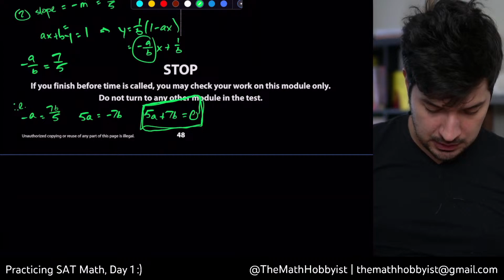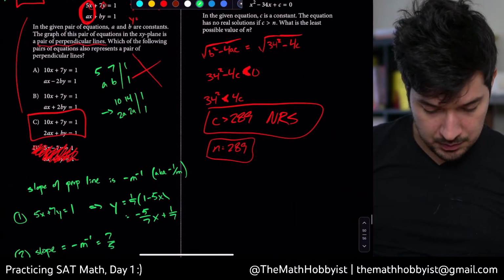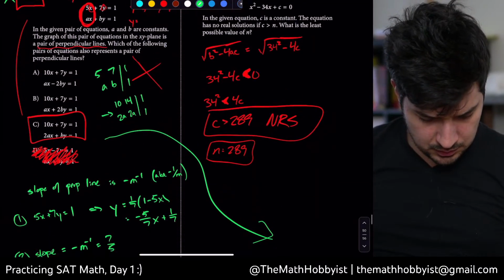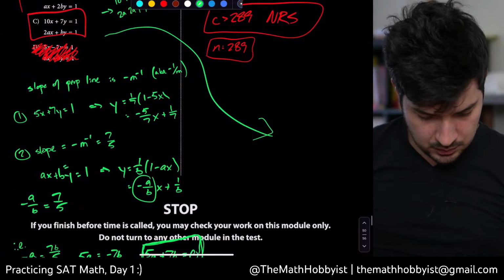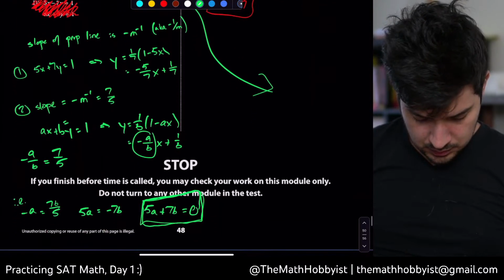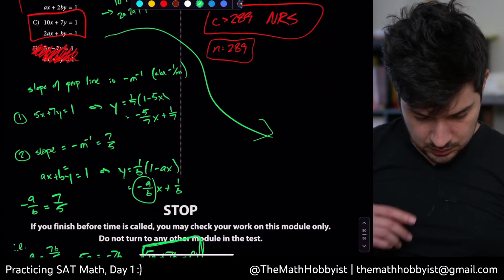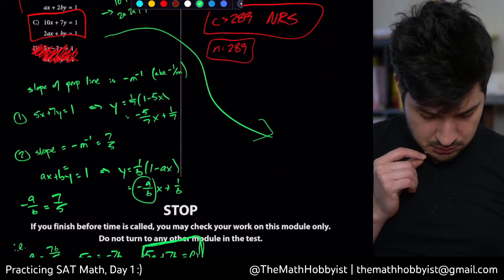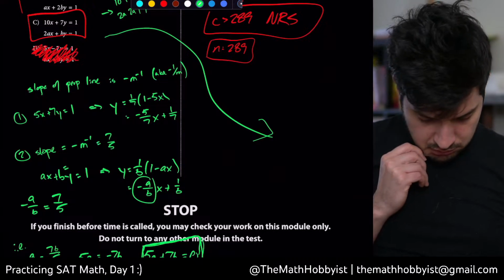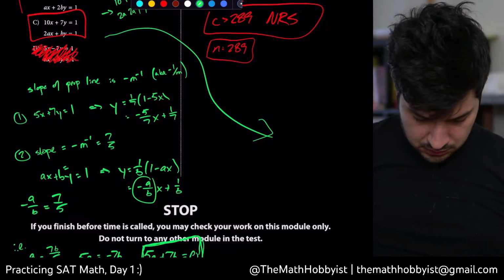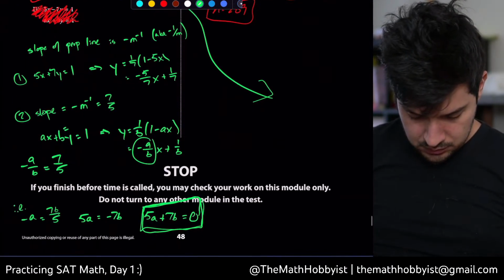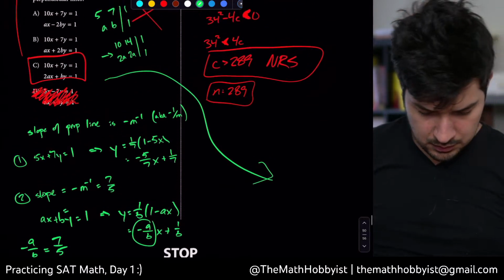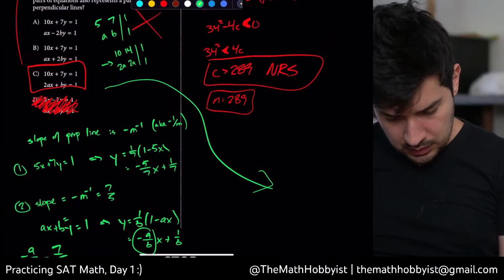We're actually making some progress. 5a plus 7b equals 0. And then I don't really know.